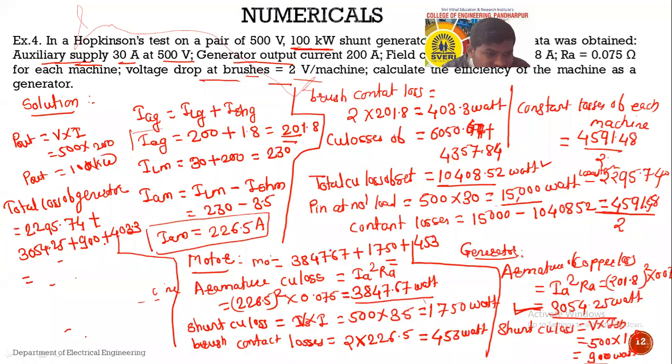3054.25 प्लस 900 प्लस 403.3, किती येते व्हॅल्यू ही? 6653.29 watt.